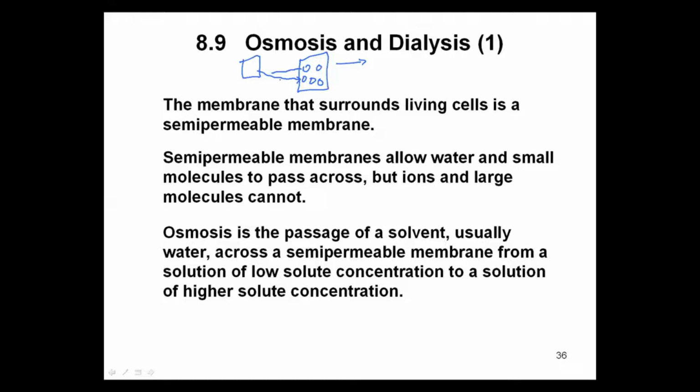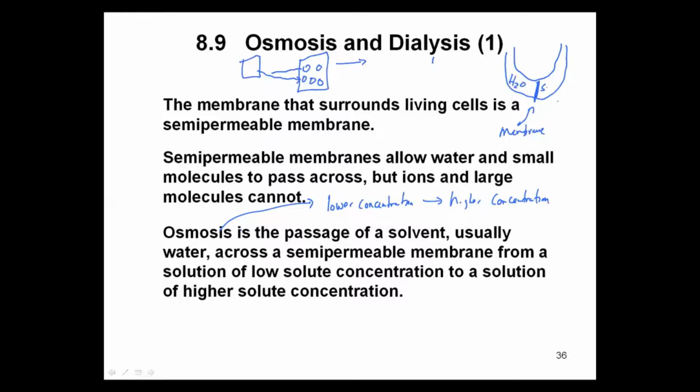So when we talk about osmosis, osmosis is the movement of solvent molecules from an area of lower concentration to an area of higher concentration. And that's basically what osmosis is. For example, if you had a container, and in the middle you had a semi-permeable membrane, and on one side you had just pure water, on the other side, say you had salt water.